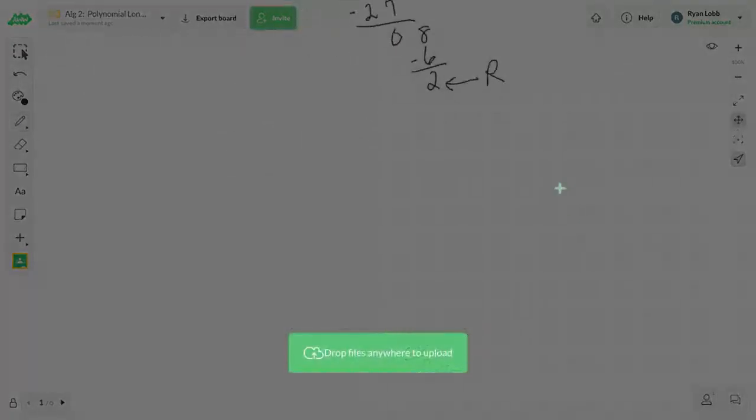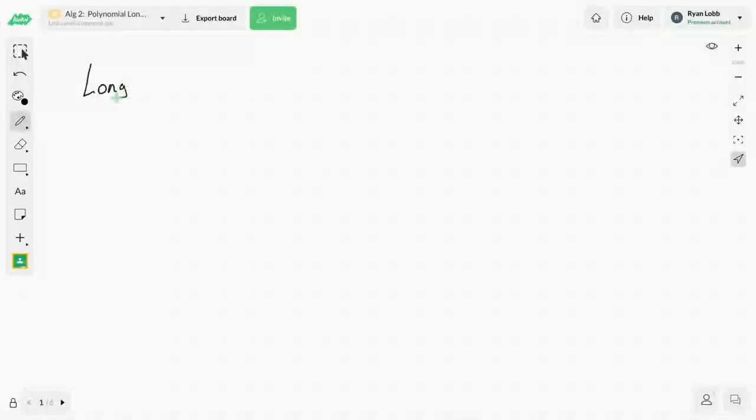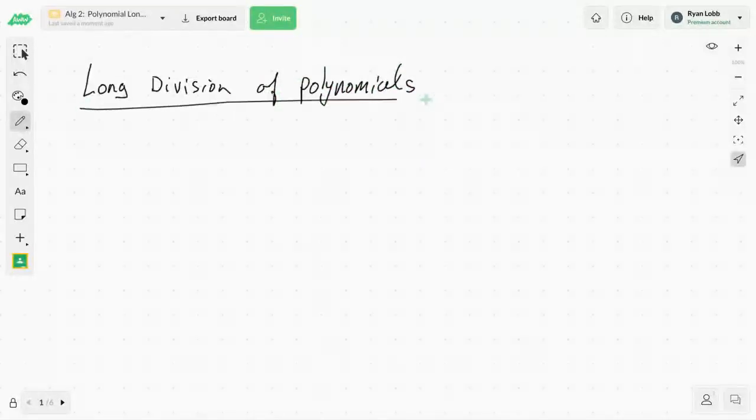Now, in terms of dividing polynomial functions, so we're talking about long division of polynomials. When we take some polynomial, so all these functions are polynomials, some function f of x, our dividend, divided by g of x, our divisor, right?